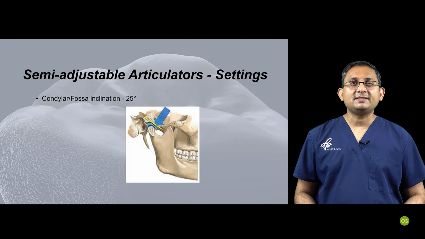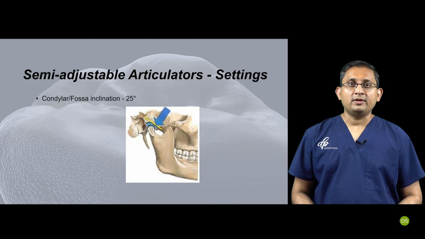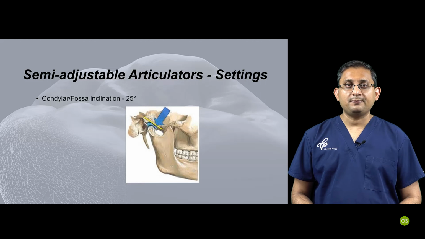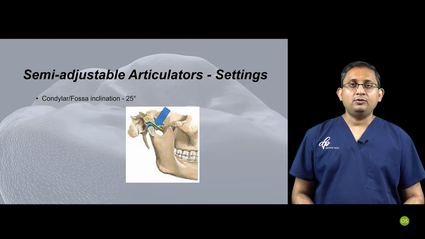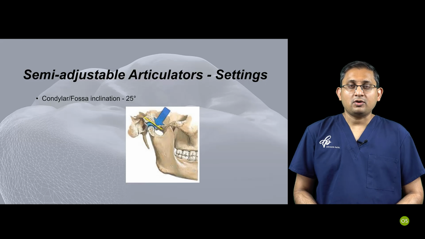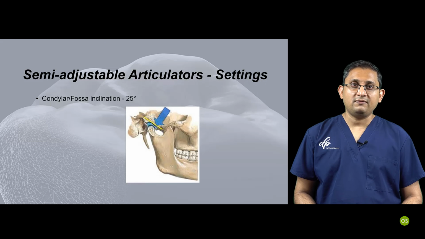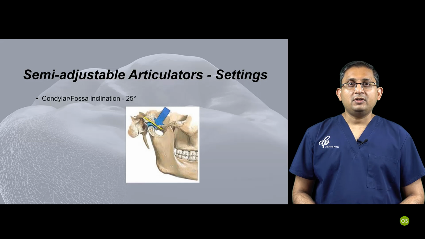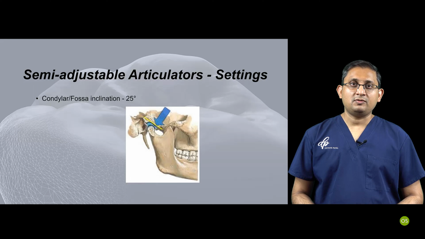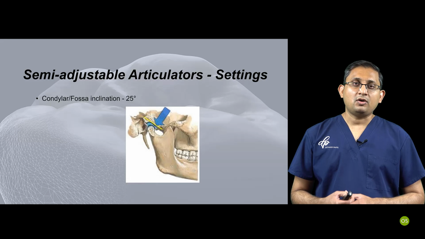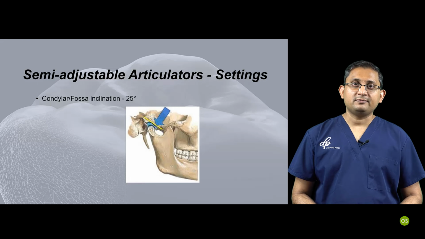So let's look at some of the settings you use on a semi-adjustable articulator to start with, which you can change as you need. The setting you keep for your condylar inclination is 25. Now I know many clinicians would like to increase the condylar inclination to 30 to 35. However, studies show that less than 5% of patients would have a condylar inclination less than 25.